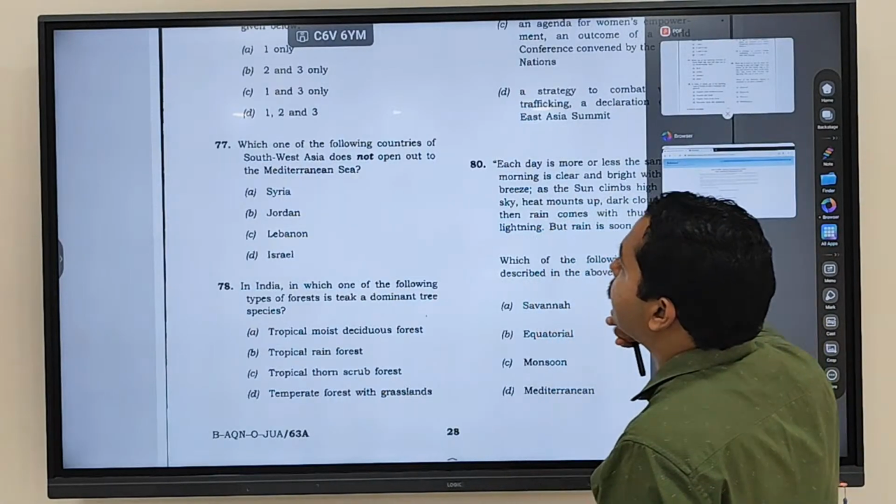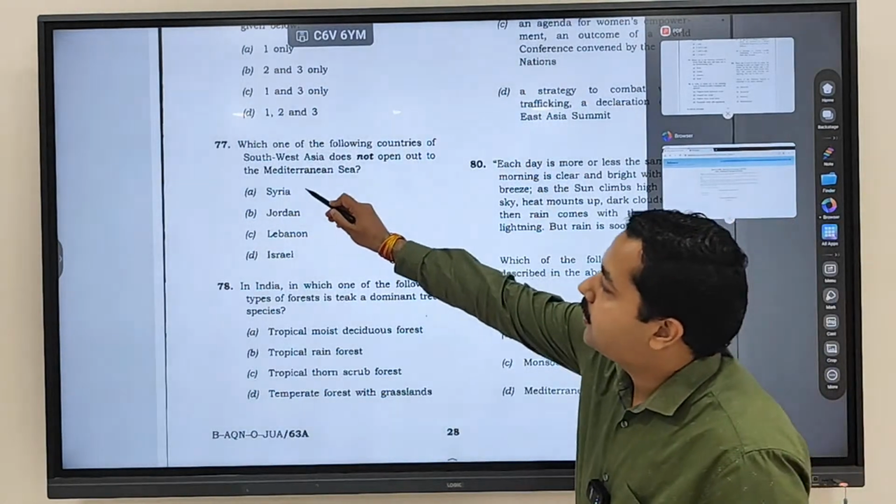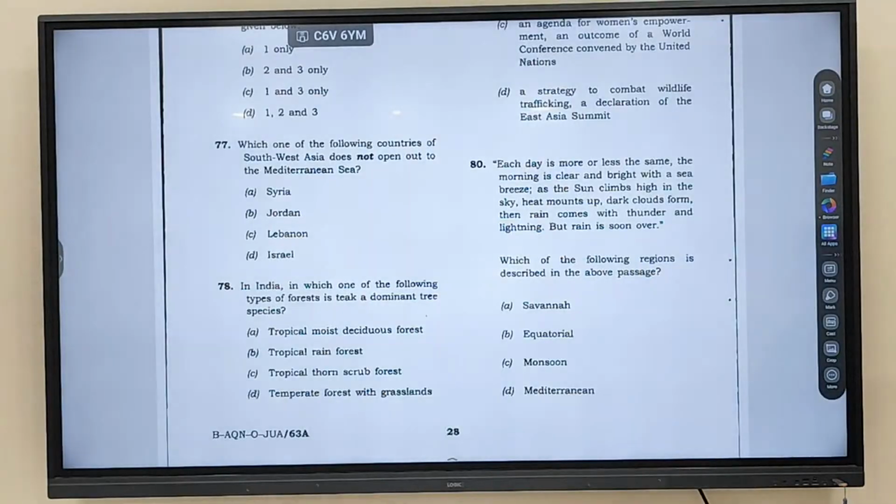77th answer: in which one of the following countries of Southwest Asia does not open to the Mediterranean Sea? Which is not surrounding the Mediterranean Sea? Syria or Jordan, which one is not surrounding?